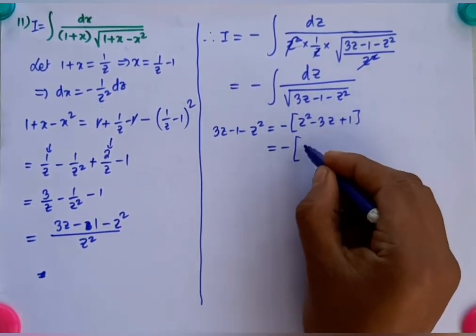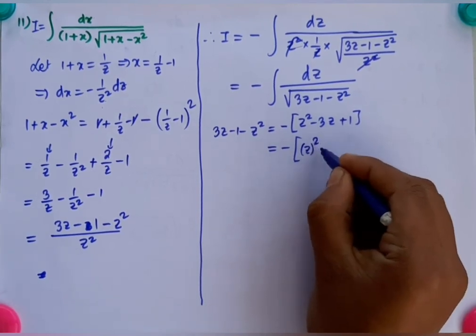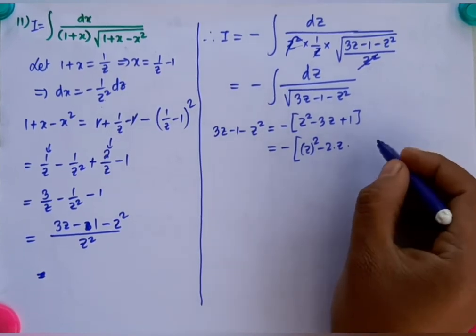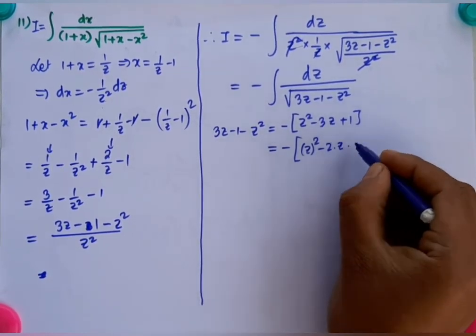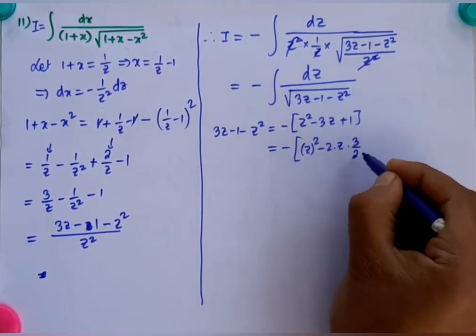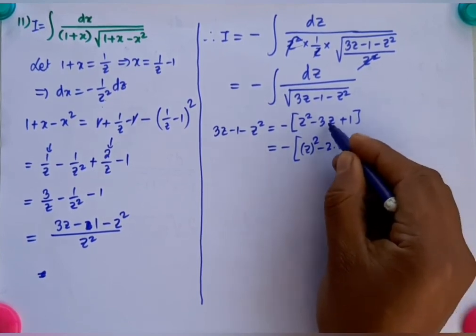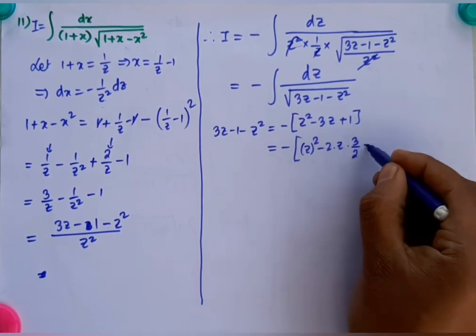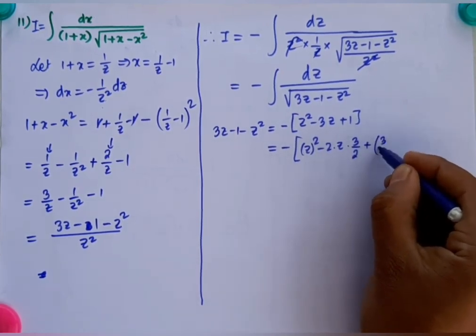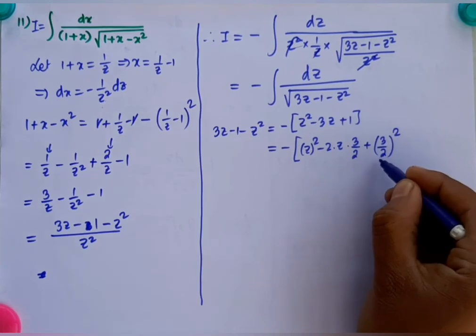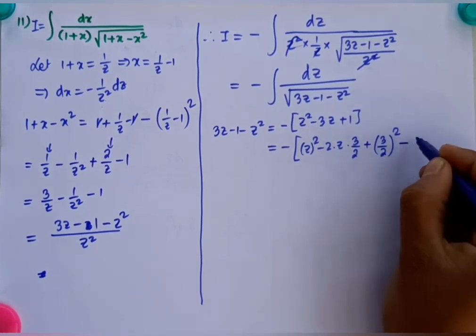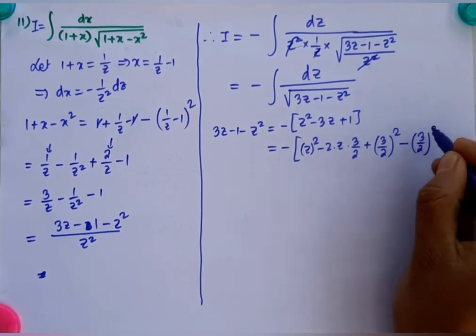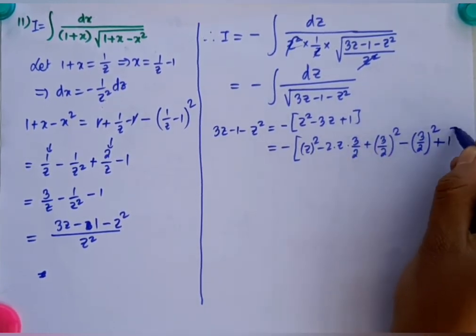You have to write this as a minus b whole square. Now see, this is my a, so a square minus 2az. Now I need to choose b in such a way that I'll get 3z, and that number will be 3 by 2 obviously. So if this is your b, then I have to write b square also, that is 3 by 2 square, but this is my extra part, so I will balance this by putting minus of 3 by 2 whole square, but we have got plus 1 also.